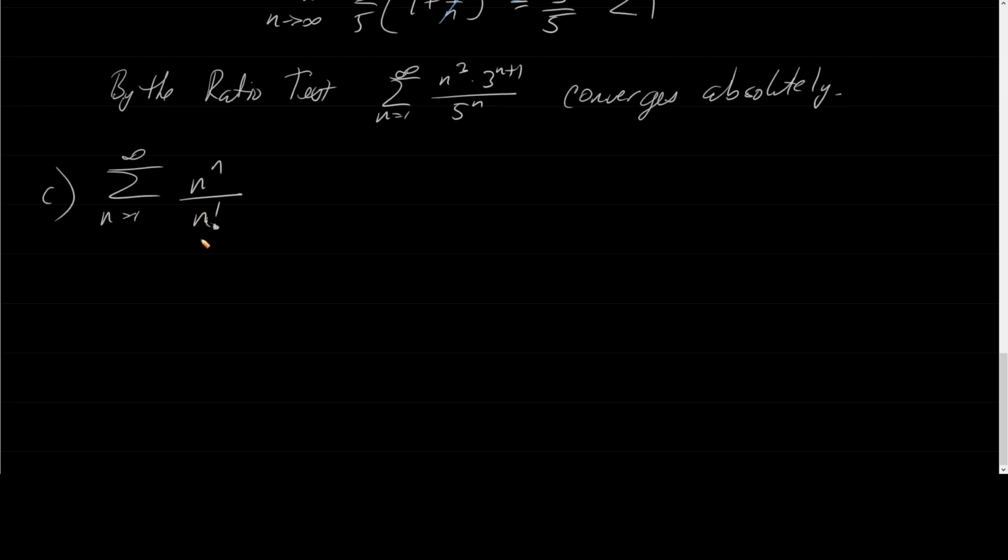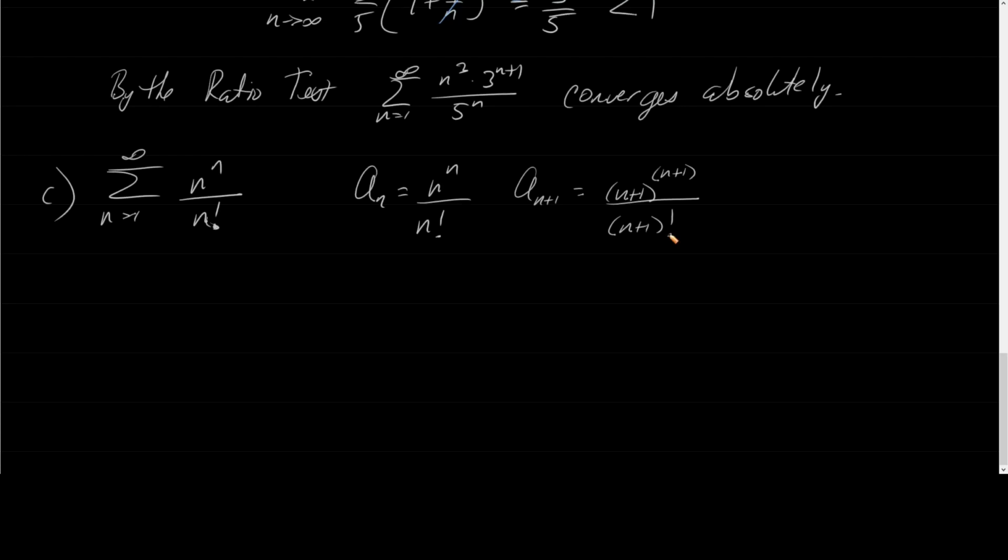So let's see what we can do here. What's our a sub n? A sub n is just this, n to the n over n factorial. What's a sub n plus 1? A sub n plus 1 is n plus 1 to the n plus 1 over n plus 1 factorial, right?